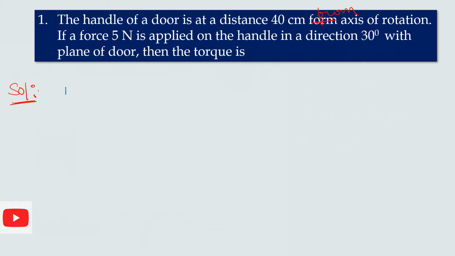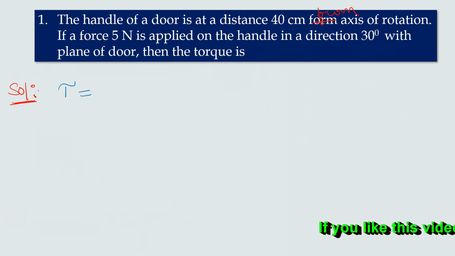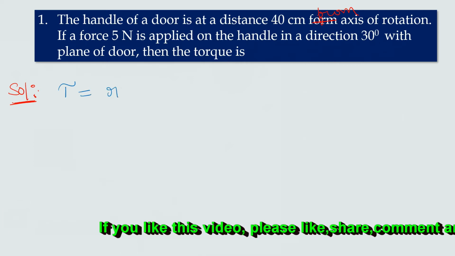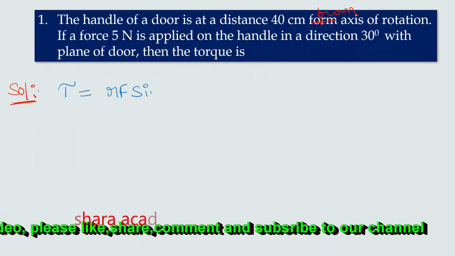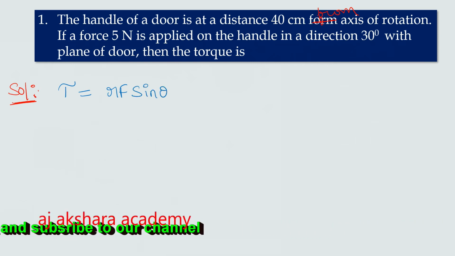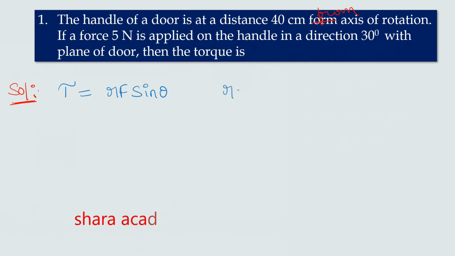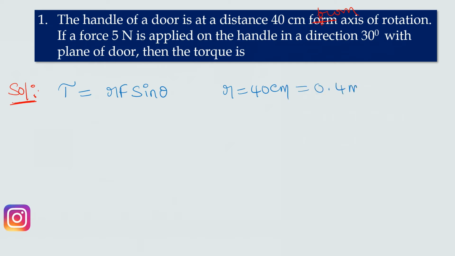Torque, nothing but tau. Tau is equal to r F sin theta. Here the given distance is r equals 40 centimeters, in terms of meters, 0.4 meters. The force is given as 5 newtons, and the angle theta is given as 30 degrees.